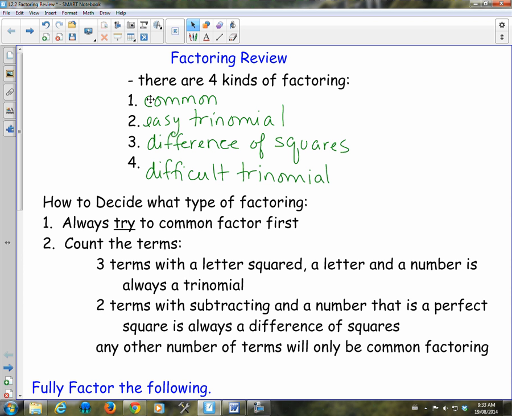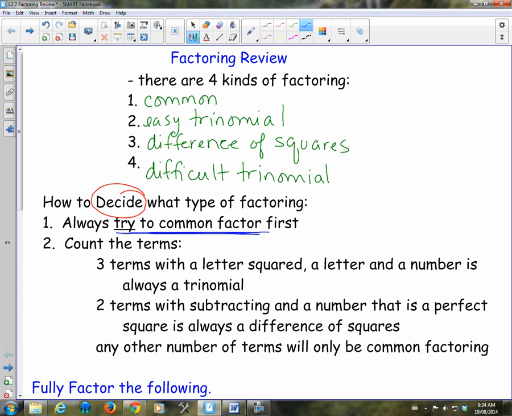So your job is going to be how to decide what type of factoring, because on a test or an assignment, they're all going to be mixed in together. Your first job is you always want to try to common factor first. You may or may not be able to do this, but try to common factor first.